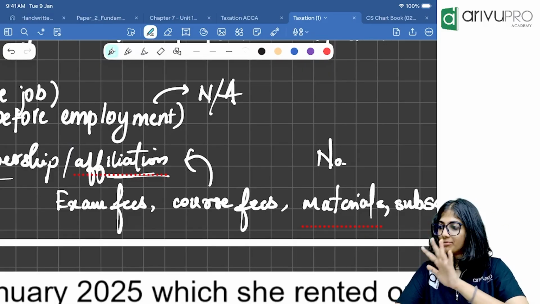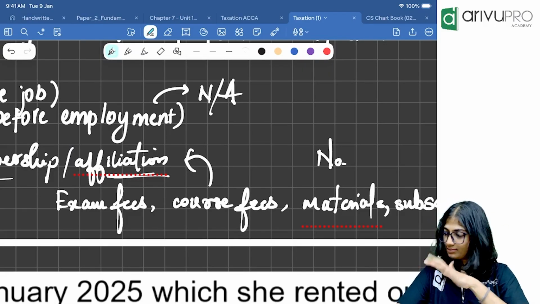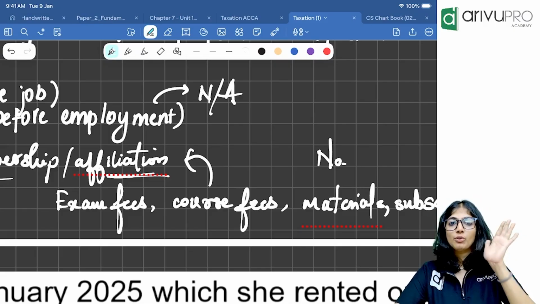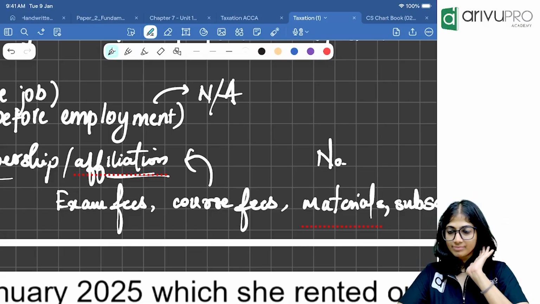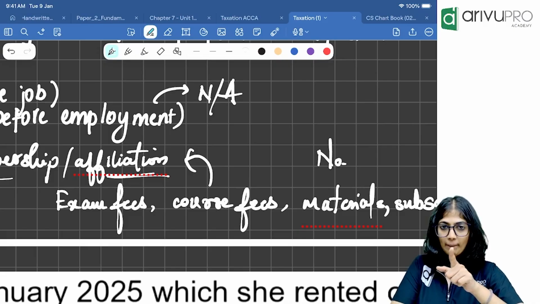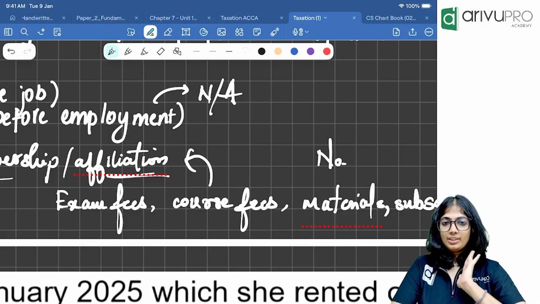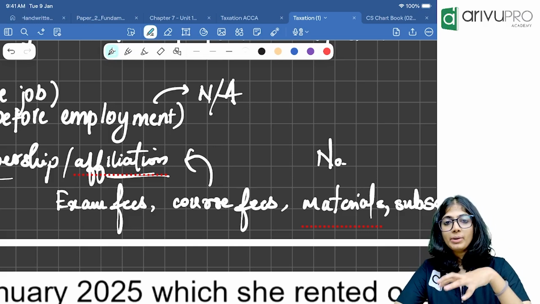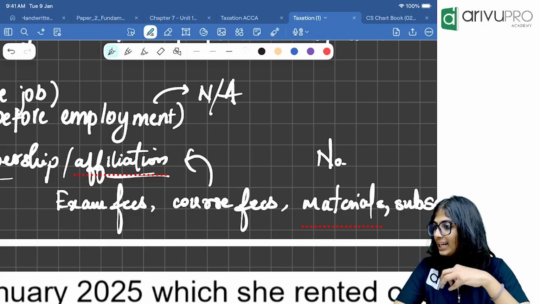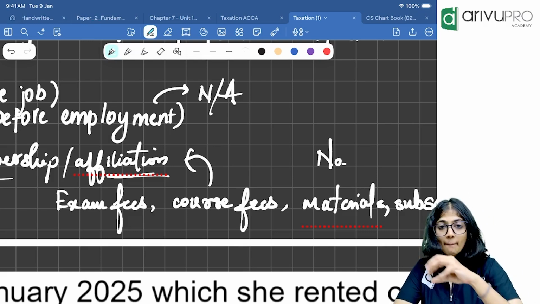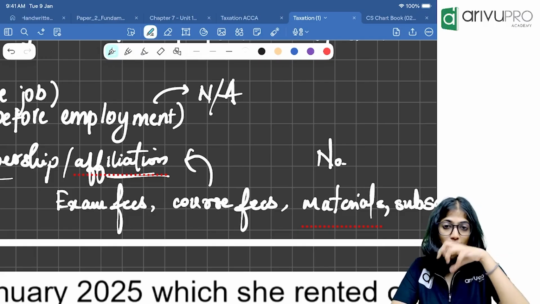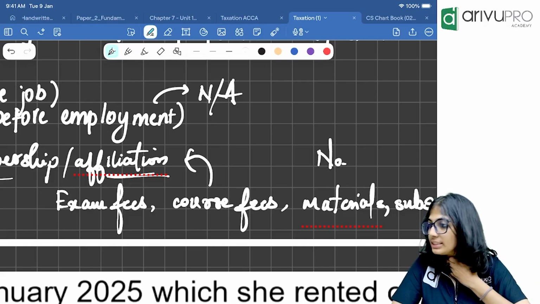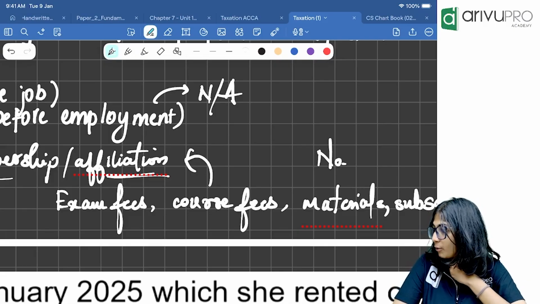Let's just say in this example, you got the job right after your affiliation. Is it in the course of performing your duties? No. Any expenses that you incurred before you got the job or before performing your duties, or not in the process of performing your duties, is not an allowable expense.